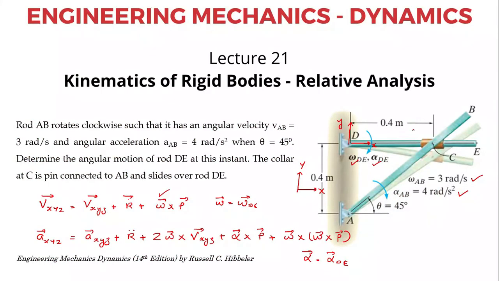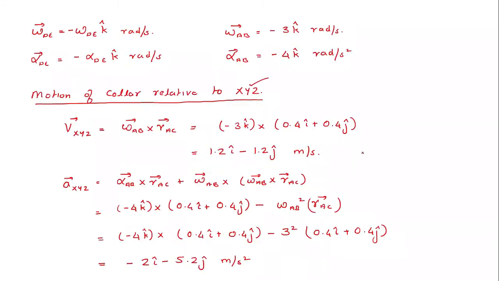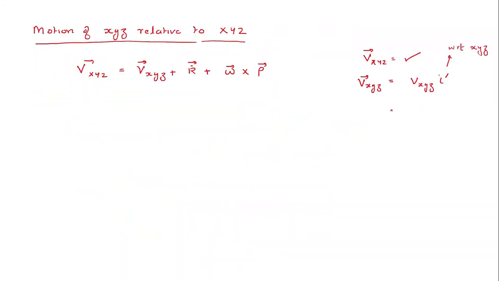But at this instant of time, DE is horizontal. That means the small xyz and the capital XYZ are oriented in the same direction. So I can write this as Vxyz into I cap, at that particular instant.